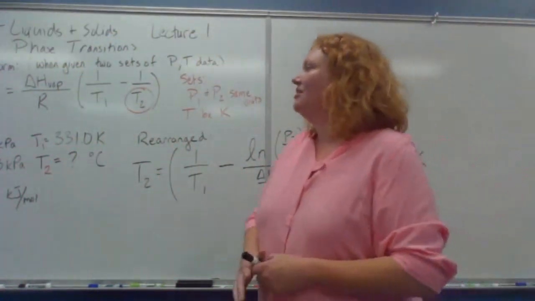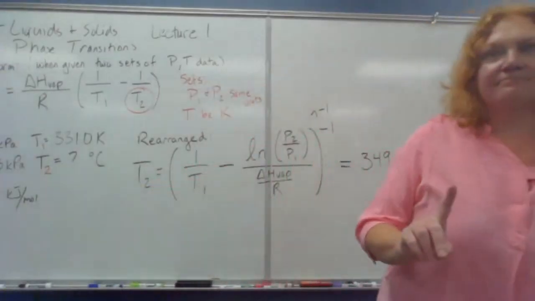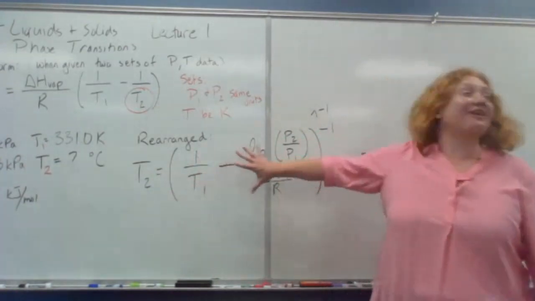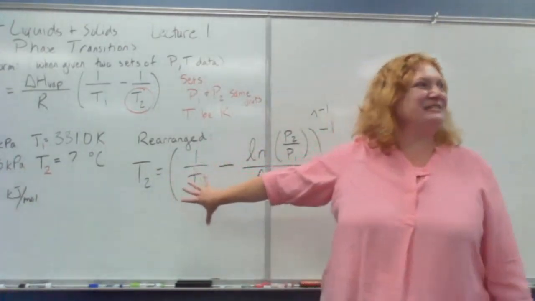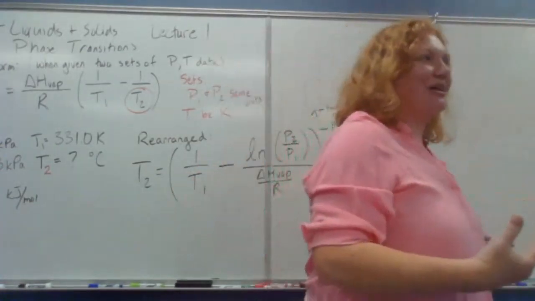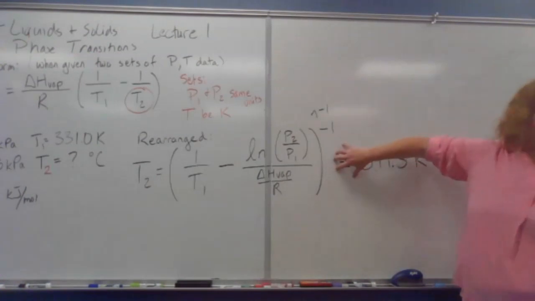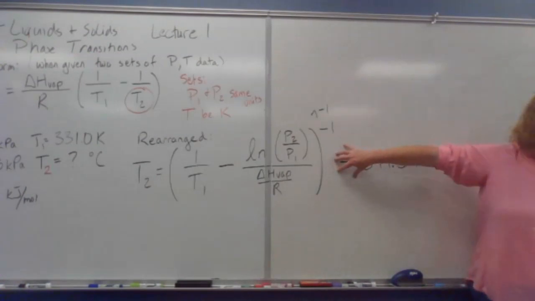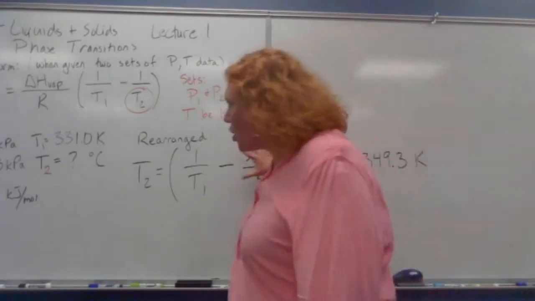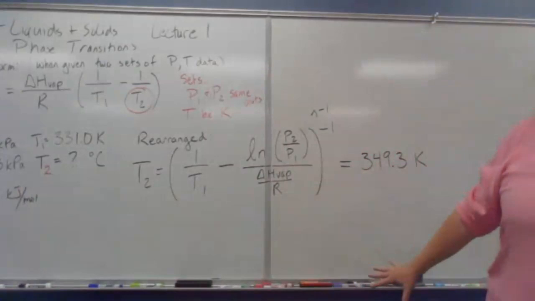If you show me, Ms. Poe, I knew these were the right numbers to use, and Ms. Poe, I even rearranged the equation correctly, but I did something funky when I typed it in my calculator and it didn't go right, that's almost full credit. You did all of that correctly. So it is super important to show me what you can so I know you understand what you're doing. Okay?